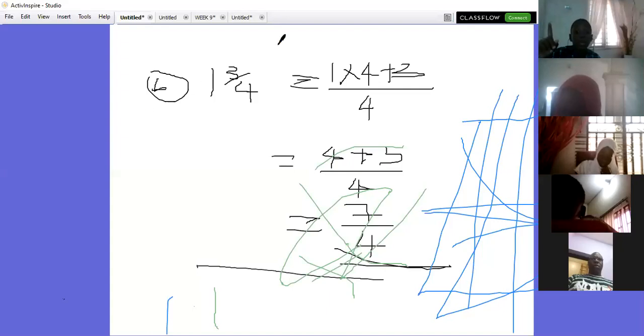Can you try the next question for us, which is 3 whole number 1 over 3? Farida, are you there? Anybody in the house that can try question C for us?